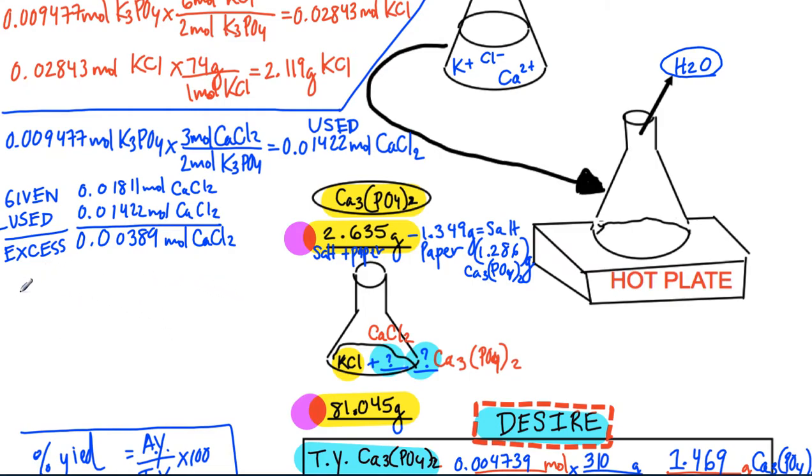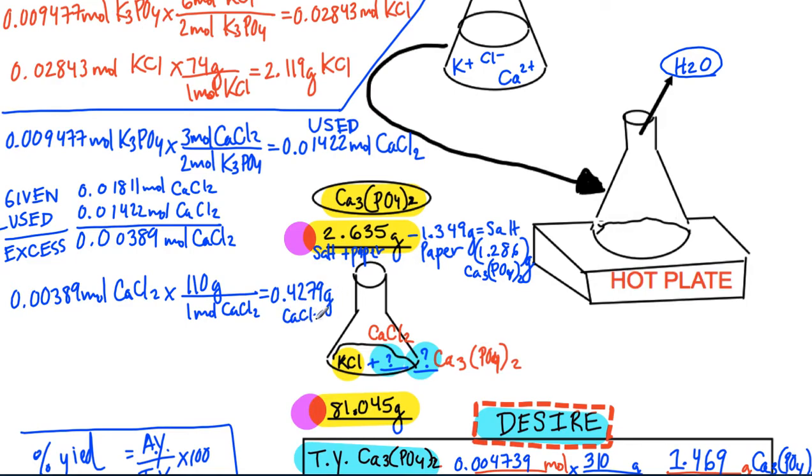Okay. Now if I take that 0.00389 moles of calcium chloride, and I multiply it times the molar mass of calcium chloride, which is 110 grams for every 1 mole of calcium chloride, I will get 0.4279 grams of calcium chloride.